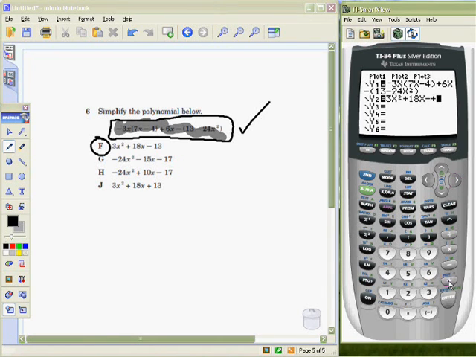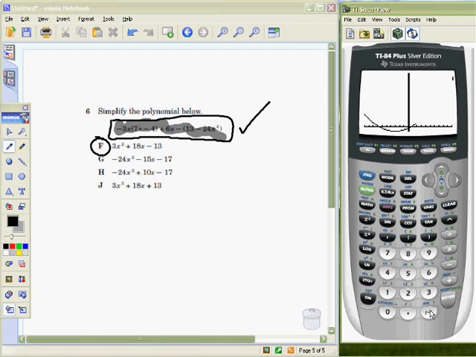Change that to a plus and I have choice J, and I hit zoom 0 for zoom fit. Here's my first graph.